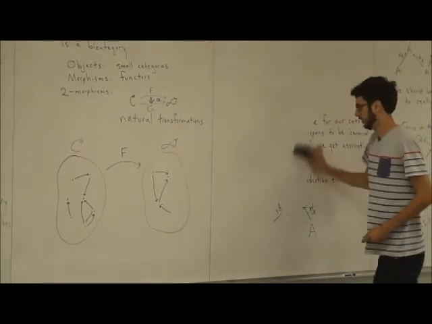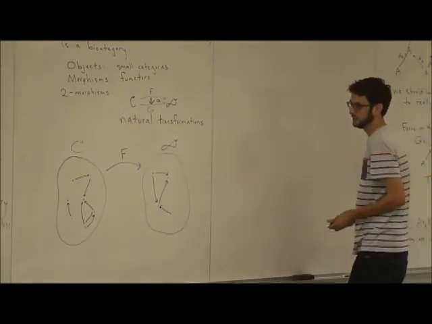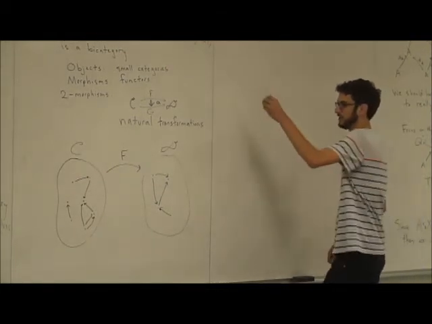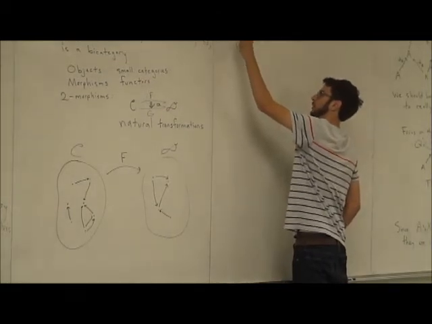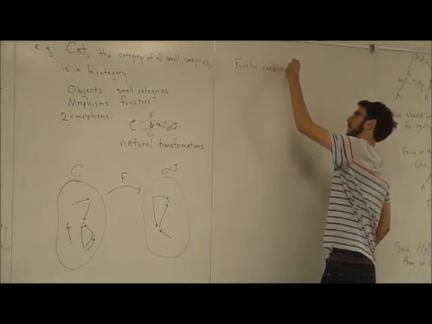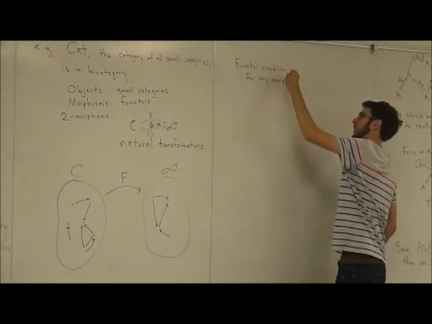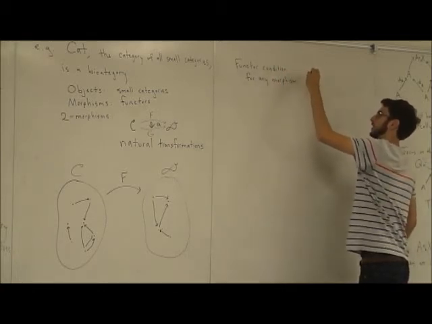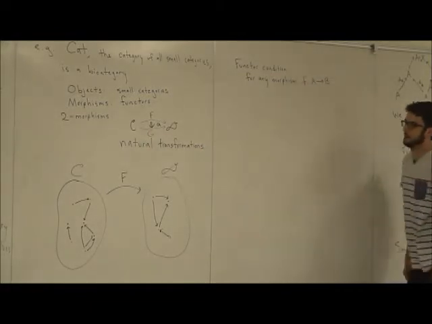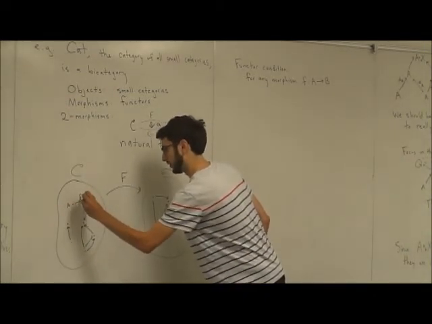Yeah, you have to have that. So the functor condition. For any morphism, say f from A to B, so let's say this is A, this is B, this is little f.